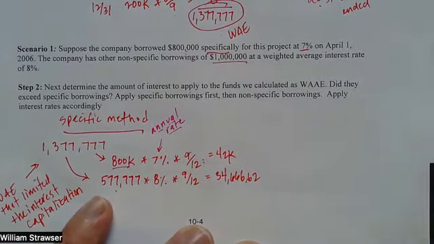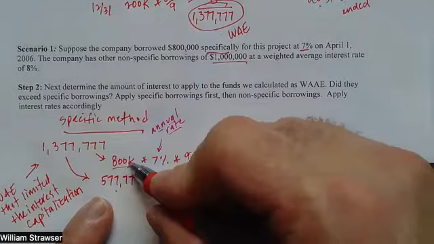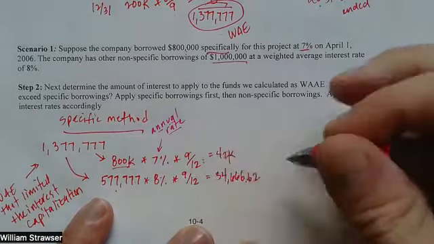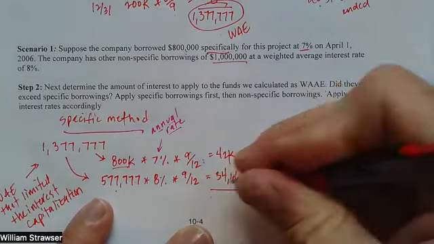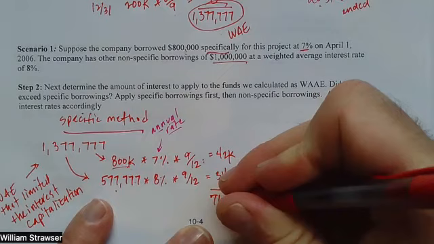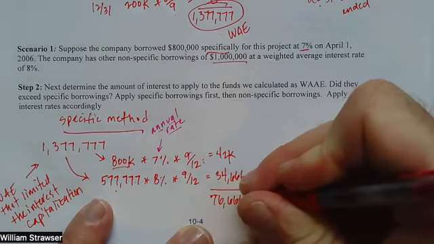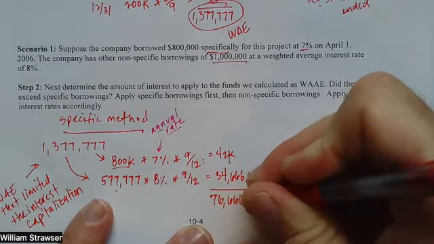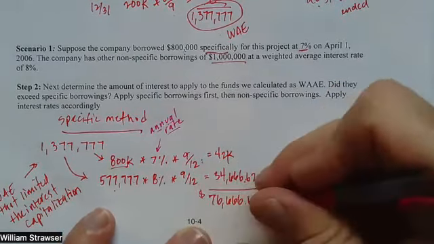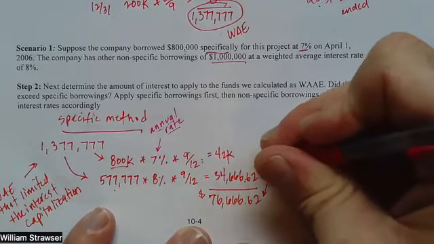So this amount of interest can be capitalized from that loan. This amount of interest can be capitalized from that loan. So in total, then we have $76,666.62. This is the amount of interest capitalized.